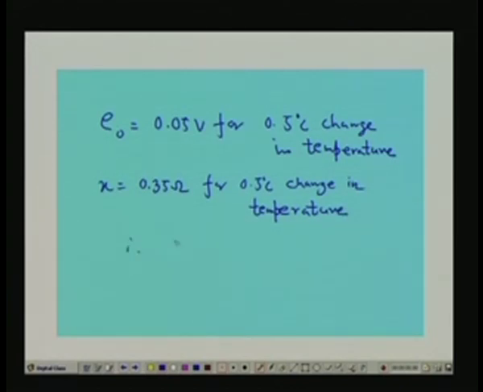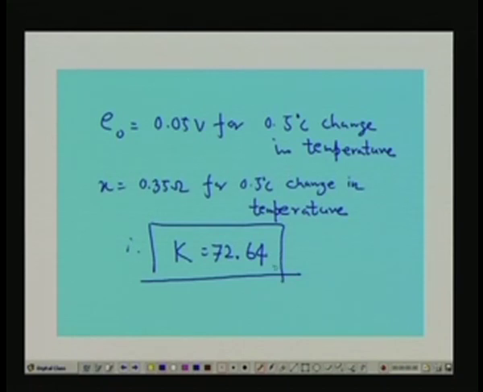So, we can find K equal to 72.64, right. So, the gain of the instrumentation amplifier should be like this.